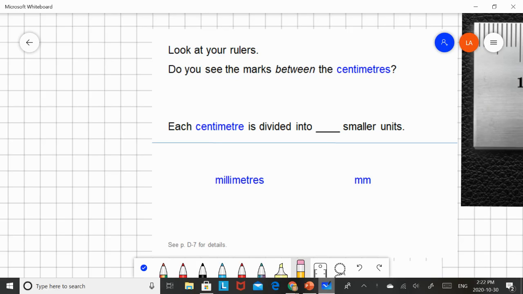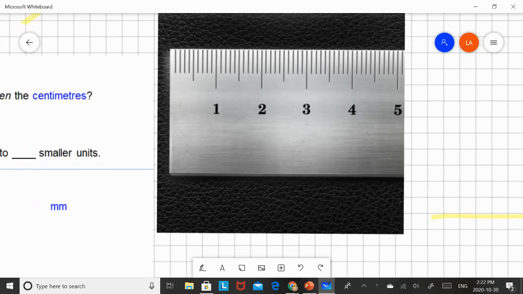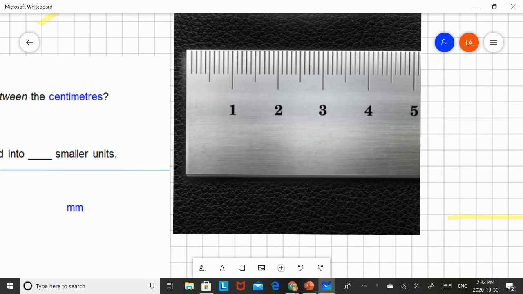All right, look at your rulers. Do you see the marks between the centimeters? If we look at a ruler, it looks just like this, right? So we have 1, 2, 3, 4, 5. And in between there, we have lots of little ticks, right?